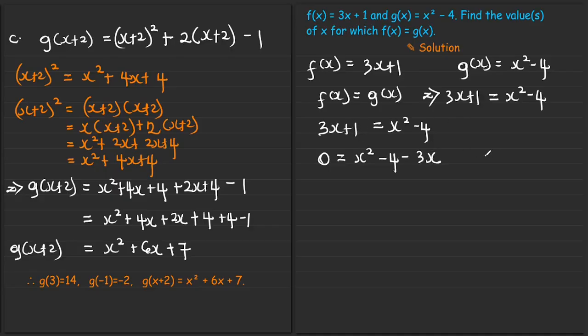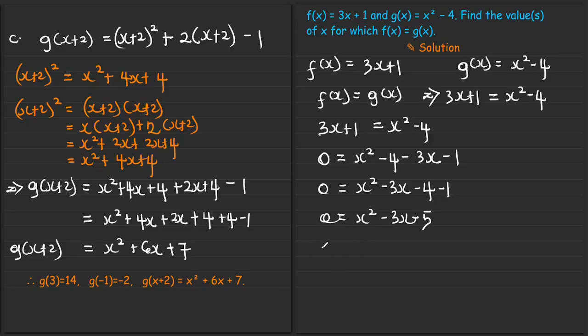Then 1 also moves to the other side to give us what? A negative 1. If you want to rearrange this, we have x squared minus 3x minus 4 minus 1, which when simplified gives us what? x squared minus 3x minus 5.